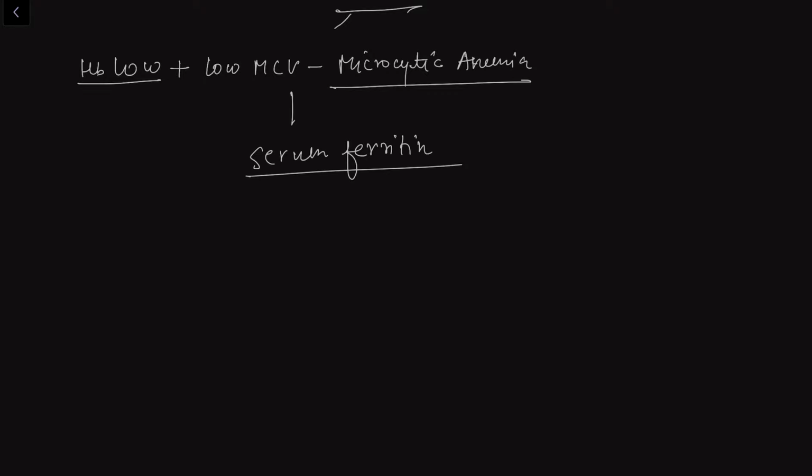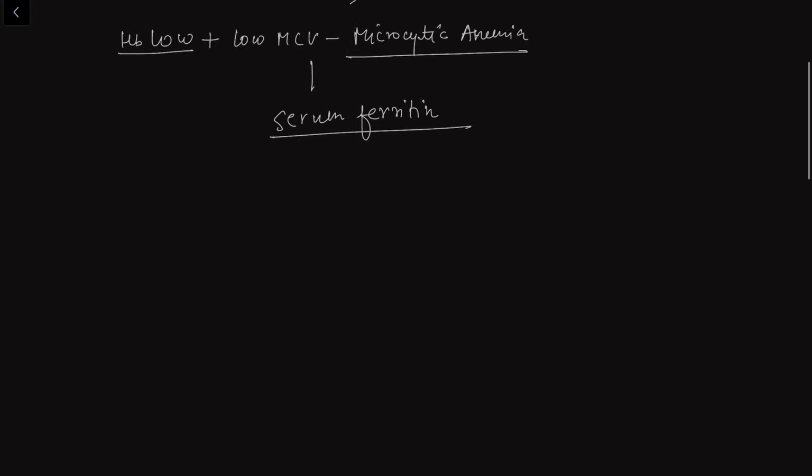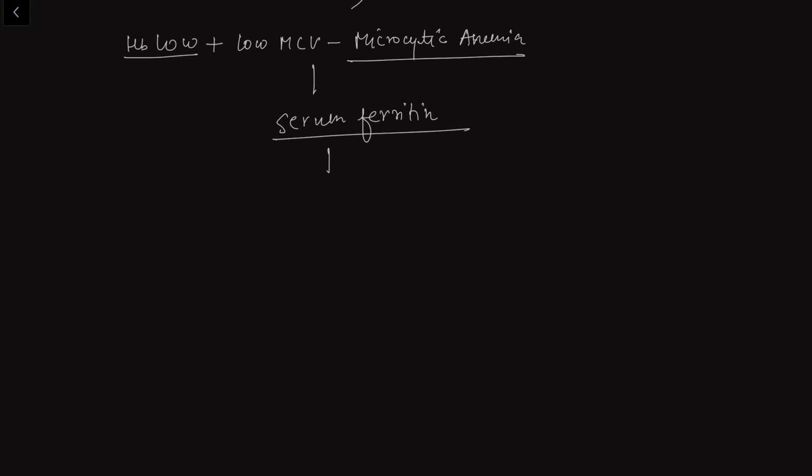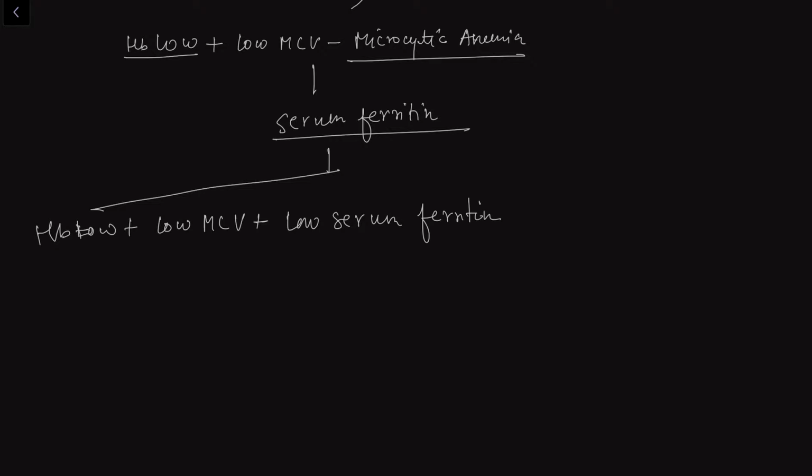If serum ferritin is also low, that is low hemoglobin, low MCV plus low serum ferritin, then the patient has iron deficiency anemia.